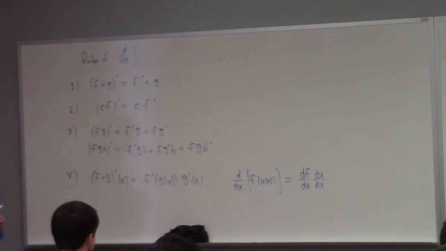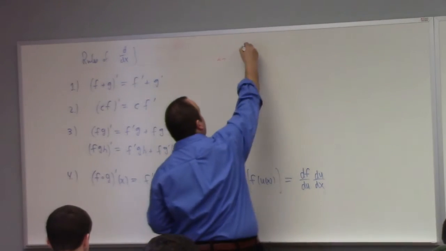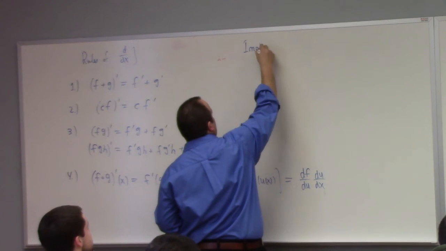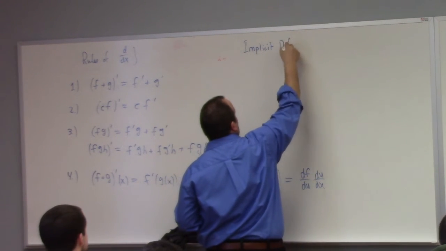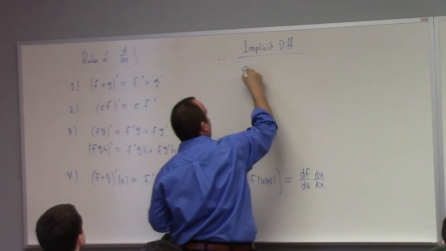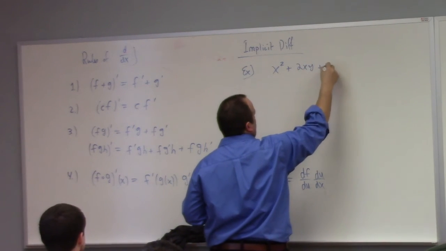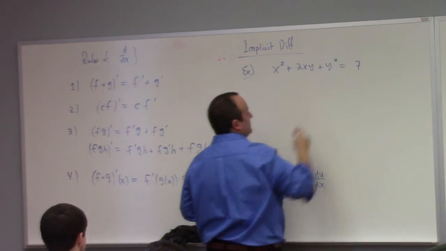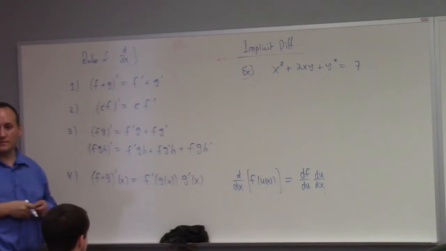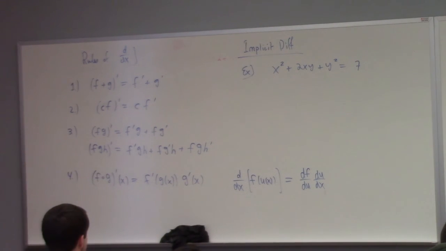Do you guys remember implicit differentiation? What's the idea of implicit differentiation? Suppose I had like x squared plus 2xy plus y squared equals 7. What'd I do? Feel free to interrupt.